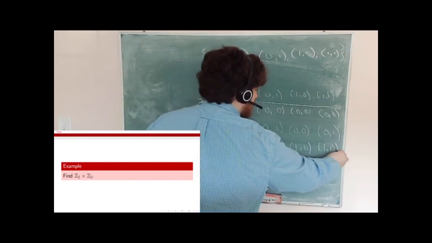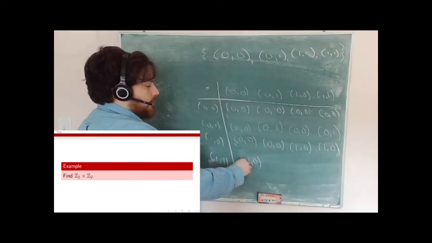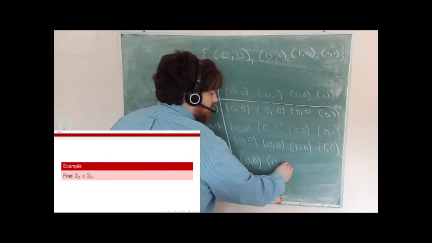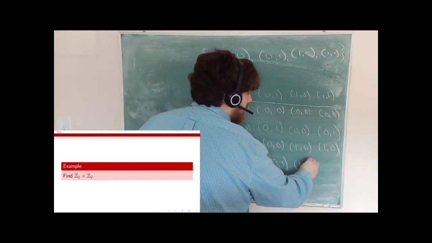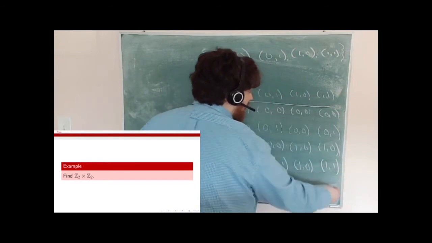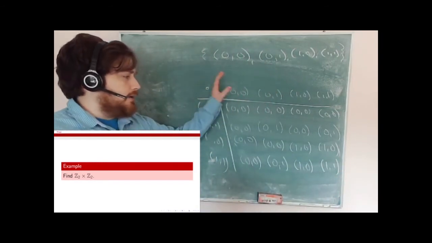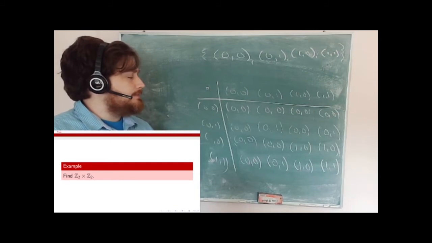And then (1,1) times (0,1) is (0,1), (1,0), (1,1). So under multiplication, our Cayley table ends up looking like this.